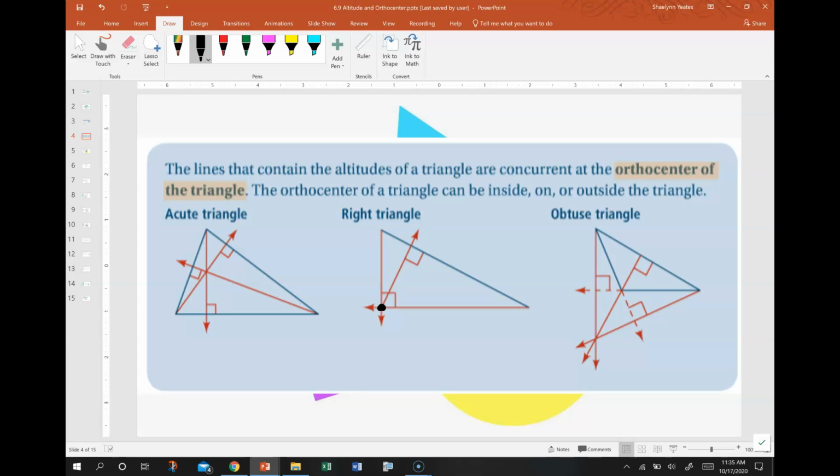In acute triangles, the altitudes all meet in the center somewhere. And in obtuse triangles, they all meet outside, directly in a line with that obtuse angle, which makes sense because you're finding the height of that angle, so the line would have to go directly through the angle. So there are our three types.